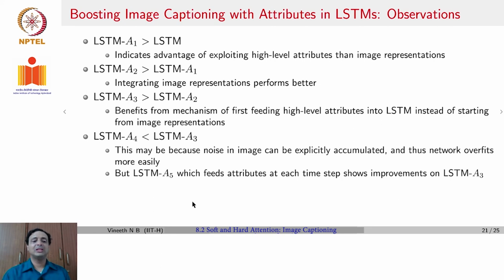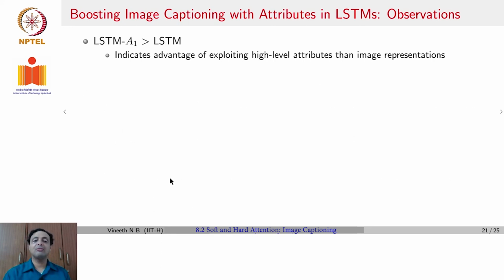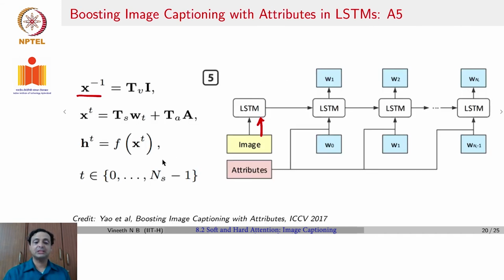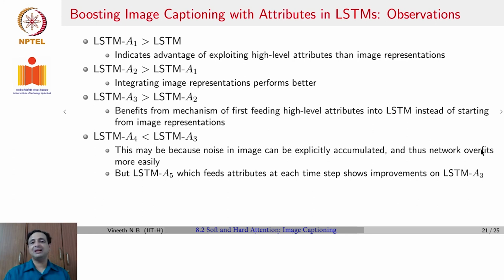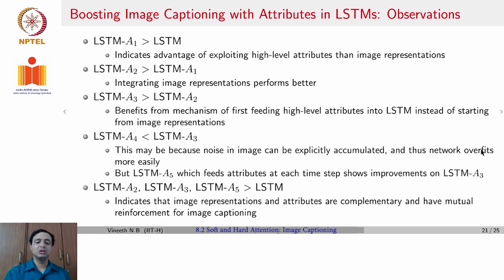However, when this was swapped in A5, where you have the image given at x minus 1 and the attributes given at each time step, this model performed better than A3, and that gave the final conclusion that image representations as well as attributes could be complementary and both could help improve image captioning performance depending on how you use them in the model.